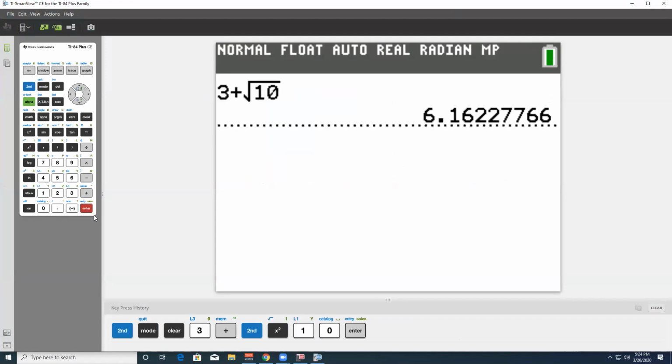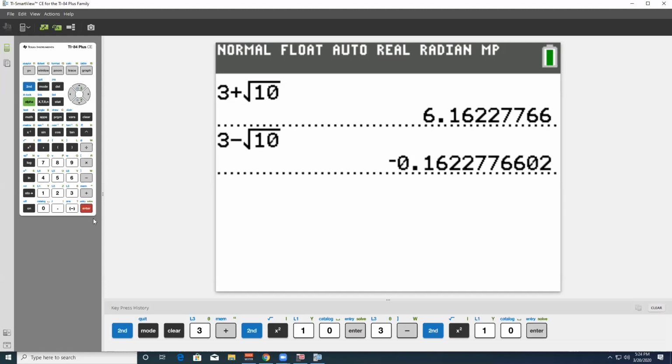Enter. Decimal number already. It won't put it into radical form. And then 3 minus second square root 10. The graphing calculator is like, I'm not dealing with that, I'm going to put it into decimals. So you deal with breaking down the radical by a factor tree. There's your difference.